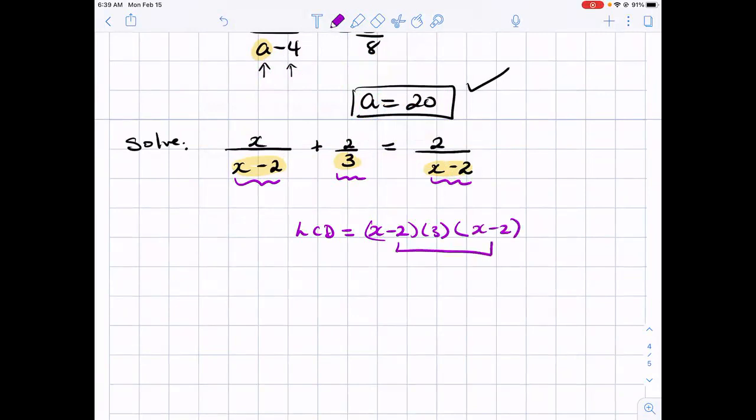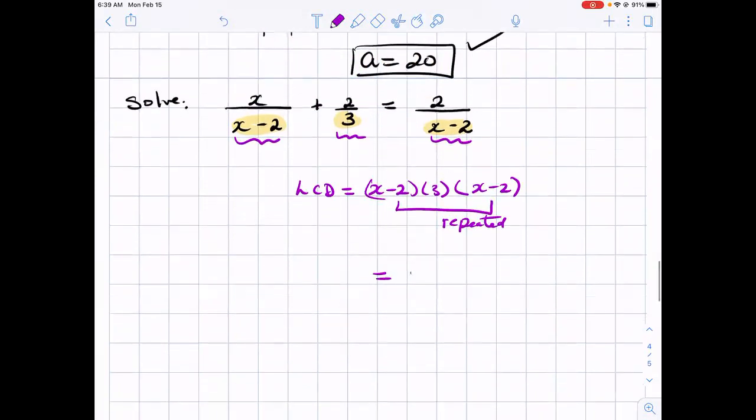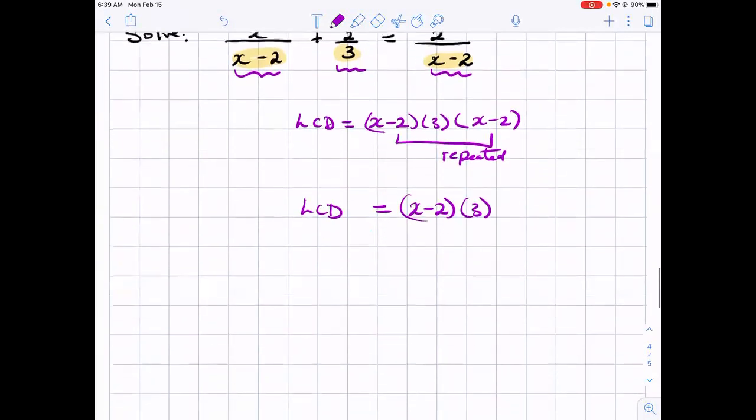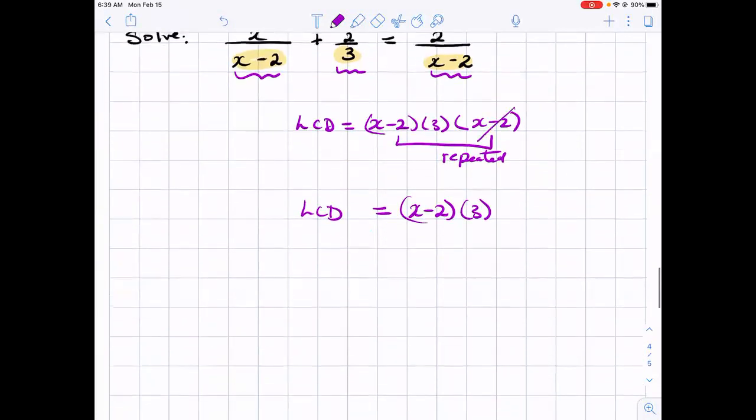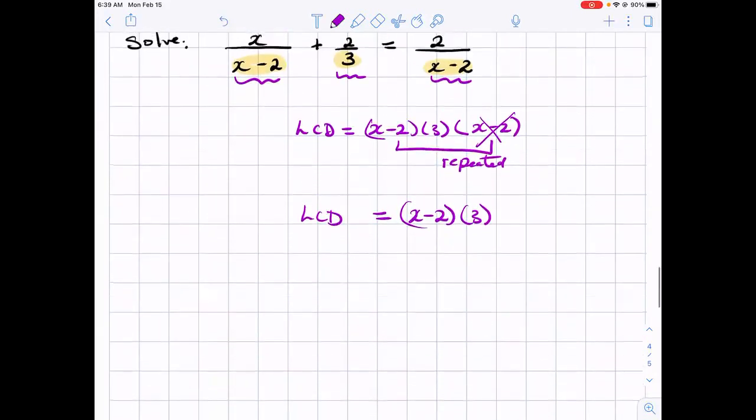But if you notice, these are repeated. So I don't need to write it twice. So x minus 2 times 3. That's it. That's my lowest common denominator. We do not have to write this here. Okay. So common denominator is x minus 2 times 3.